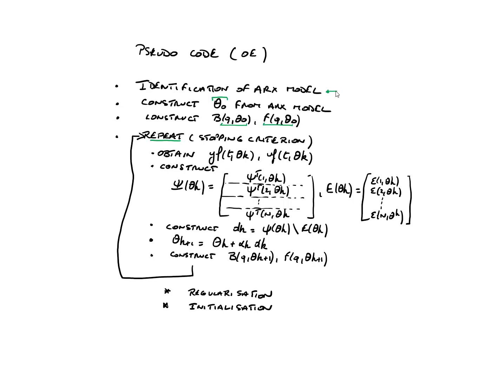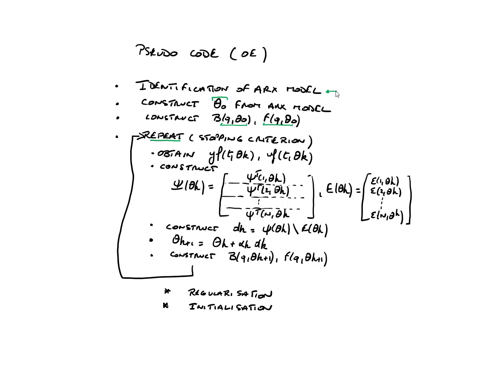So here you need a stopping criterion that will make you leave this loop. Based on your current estimate of theta, if it's the first time you enter this loop, it will be theta 0. Otherwise, it will be the one that you've computed here at the end.